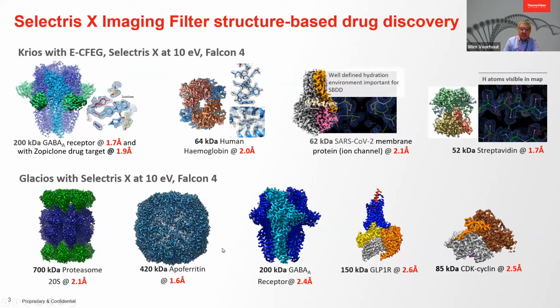And in the bottom row, a few examples which were taken on the Glacios, which is a 200 kV microscope with the same optics and also with the same energy filter and detector. You can see that also on this system, for instance for the GABA receptor, you can easily resolve that below 3 angstrom, so to 2.4 angstrom resolution.